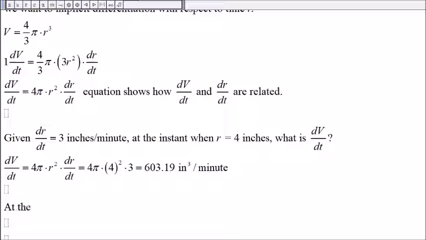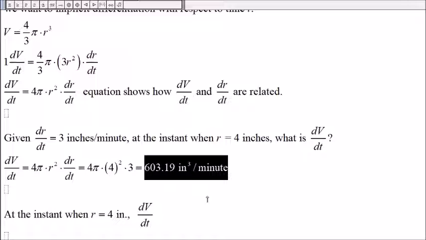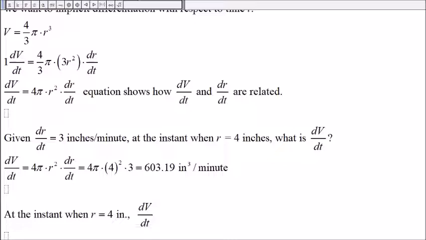And so at the instant when the radius is 4 inches, the rate of change of the volume at that instant is 603.19 cubic inches per minute.